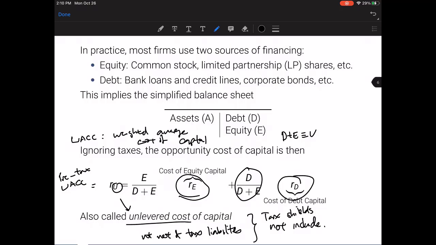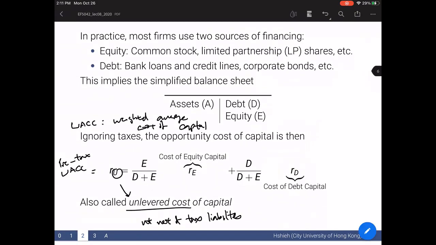In that case, you would have to model how the debt structure evolves over time, and that requires you to figure out how much interest payments you would be servicing every period as well. But that's beyond this course. So for this class, you can safely assume that the capital structure of the firm stays constant throughout its lifetime.